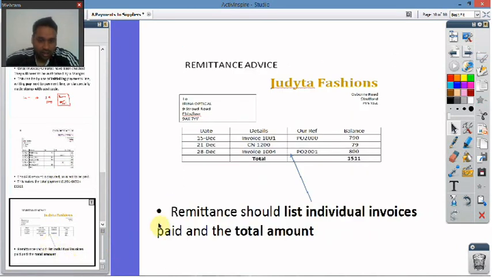Then they're going to be very confused. They're going to wonder how come they've paid us 1511 rather than 1961. This statement shows exactly what you paid for, so you should notify them why you haven't paid for one. It could be in dispute.